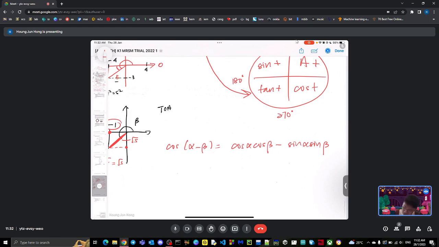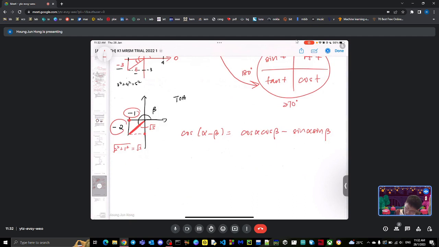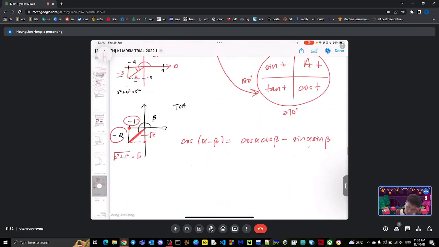And then the next thing is that you have to find cos alpha, cos beta, sin alpha, sin beta. As simple as that. Only sin alpha and tangent are given here, so let's try to find the others.